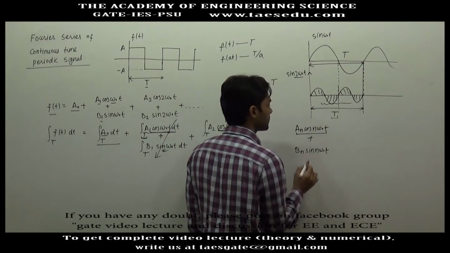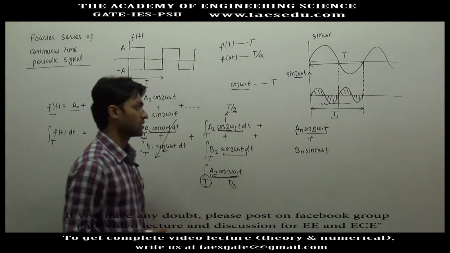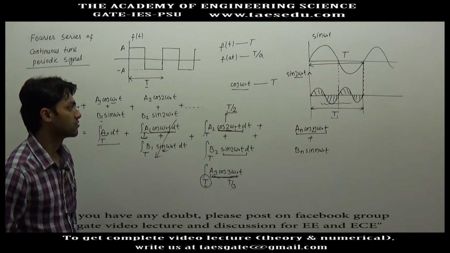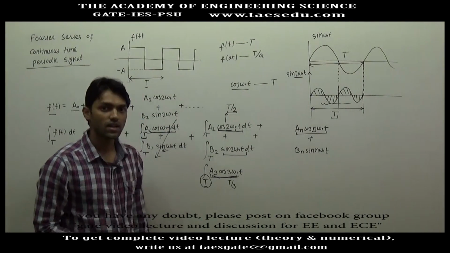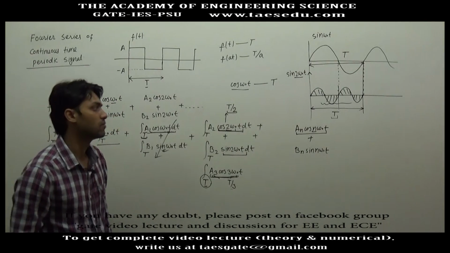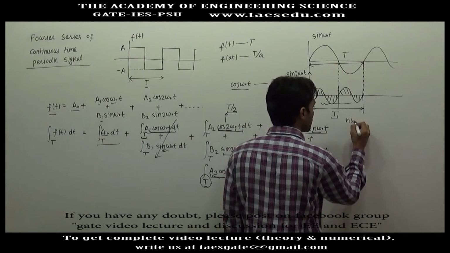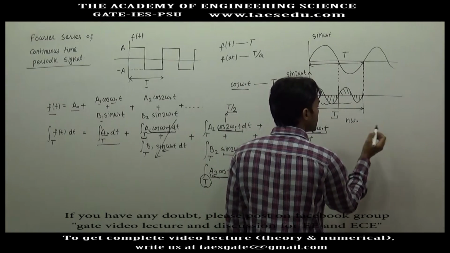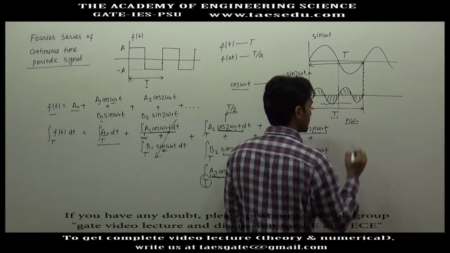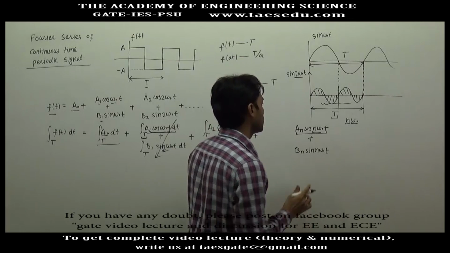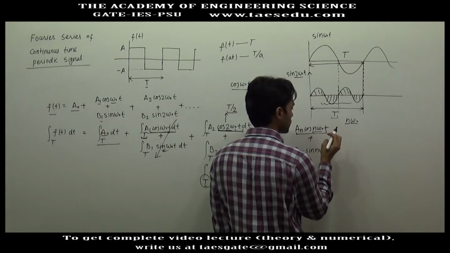Here n has to be an integer, because in the definition of the Fourier series representation, the frequency of all harmonics must be an integral multiple of the fundamental component. So its frequency is n omega naught, an integral multiple of omega naught. What will be its time period?